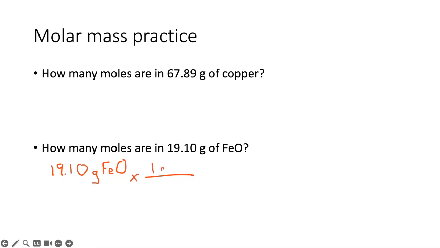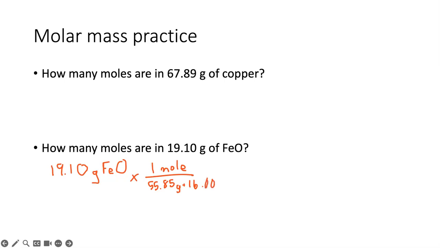So again, I want moles, so I'm going to put 1 mole on the top, and then on the bottom I'm going to add the masses of iron, which is 55.85 grams, and I'm going to add that to the mass of oxygen. And oxygen, if you look on the periodic table, it says 16. So I'm going to add that 16 grams per mole of oxygen.